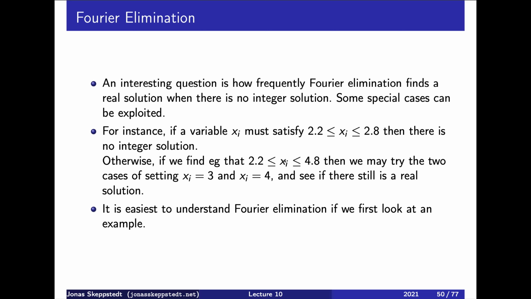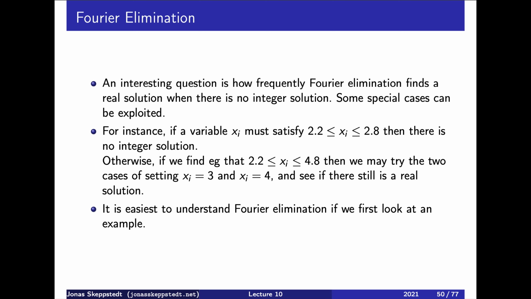And if we have this instead, we can try and fix xi to 3 and see if there was an integer solution. And if there wasn't, we can fix it to 4 and see if there was an integer solution then.